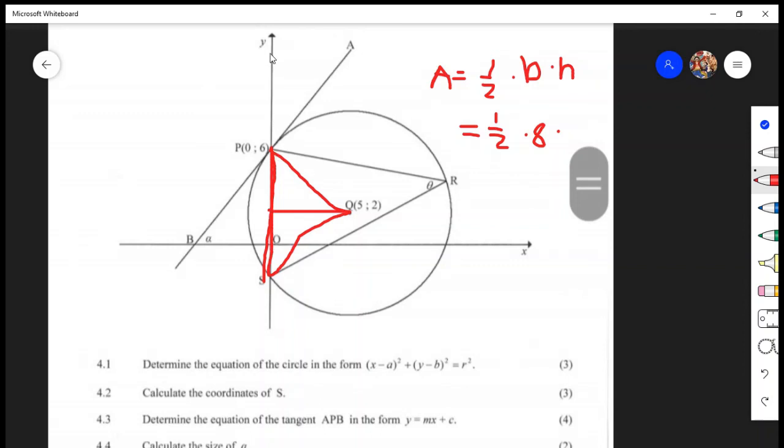So from here until our point Q, can you see the x coordinate of Q is 5, which means at this point x is equal to 5. So from here until here is 5 units. So does everyone understand how we got 5? Okay.